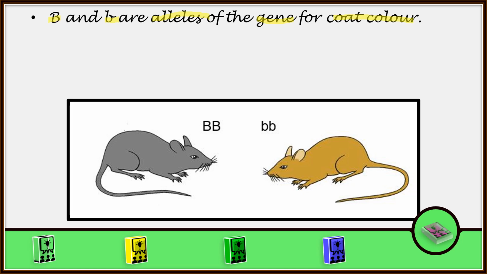So we have this gene capital B and this one capital B. Then we have this gene small b and another small b. They are alleles for the gene for the coat color. They are alternative forms of genes for coat color.